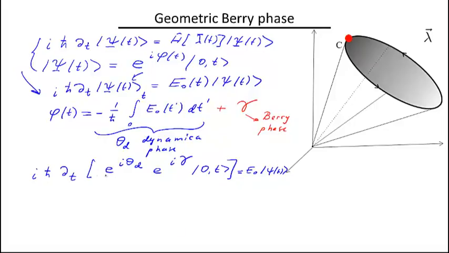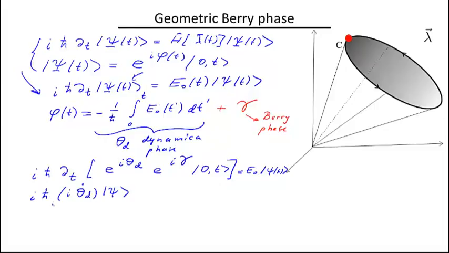So if we differentiate this exponential, let me just write it down. It's going to be i h bar times i theta d dot times psi, and this theta d dot is the derivative of this integral, which will just pull out the value of the energy.